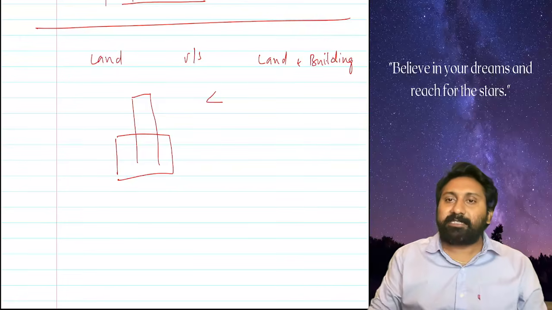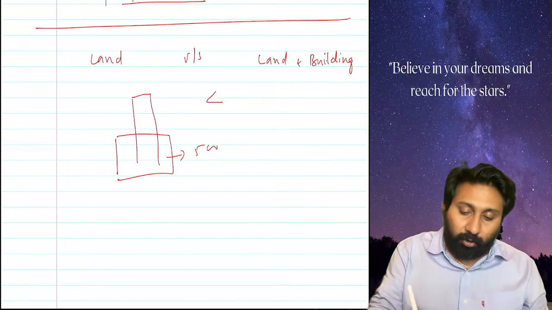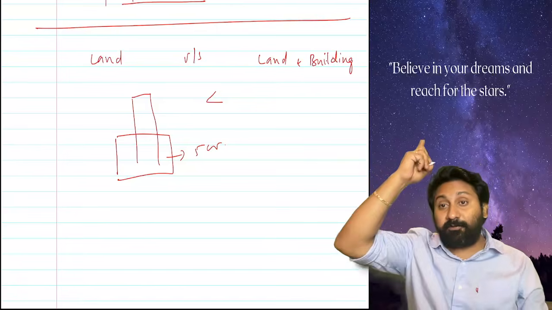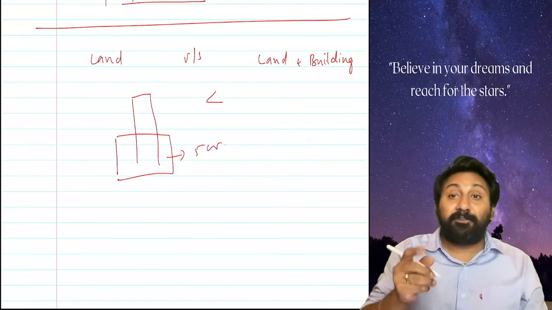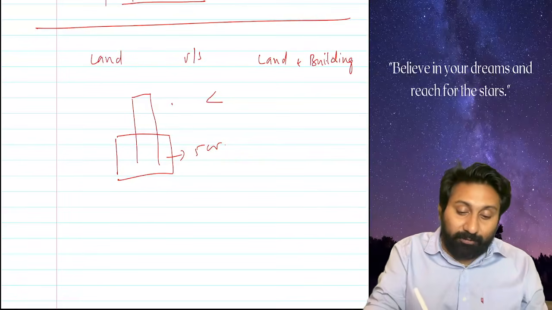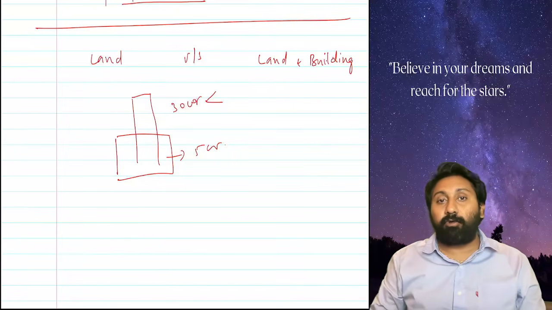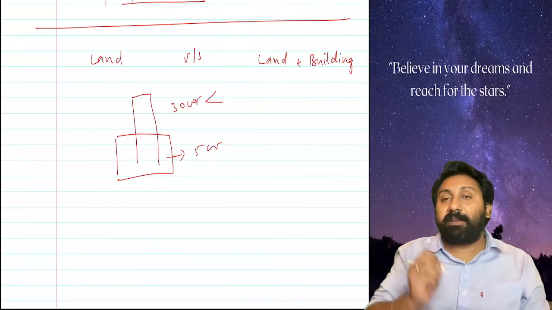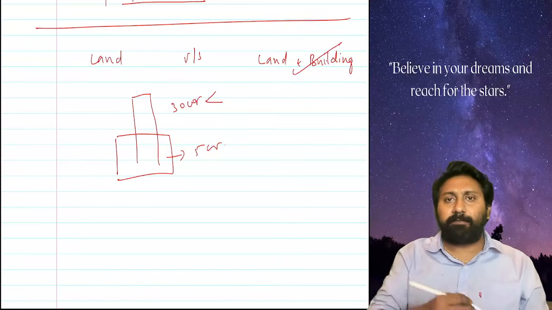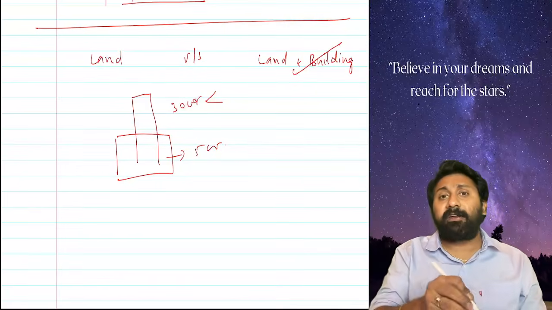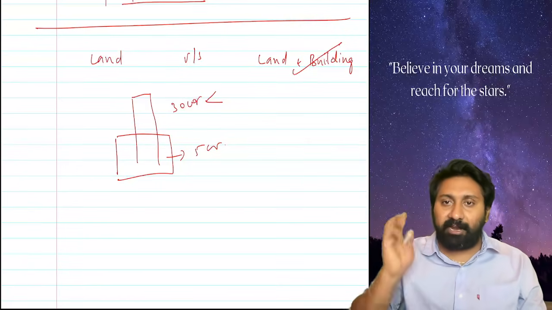From this, what you have to understand: land cost is 5 crore. I constructed a 30-floor building on that. Each floor I sold at 1 crore, which means I am going to get 30 crores out of it. So, does land have more value or land with building? Obviously, land with building will have more value. Therefore, land tends to have a lesser value than land and building.